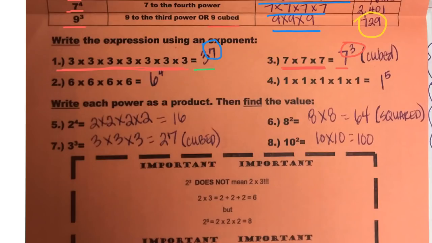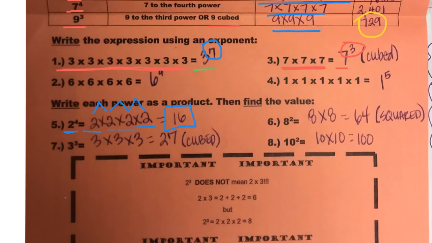So for this one, 2 to the 4th, that means there are going to be 4 2s. So 1, 2, 3, 4. Now we multiply them. 2 times 2 gives me 4, times 2 gives me 8, times 2 gives me 16, and that's how we get our final product.